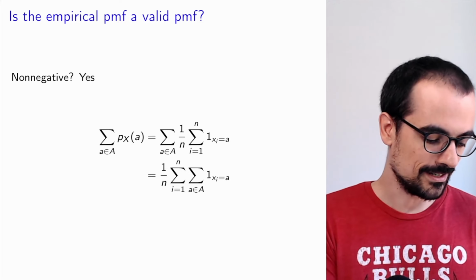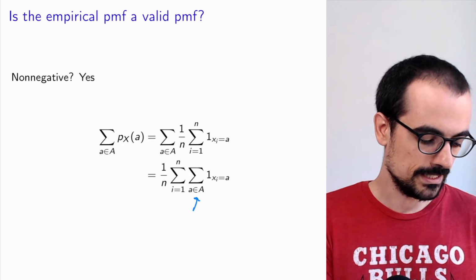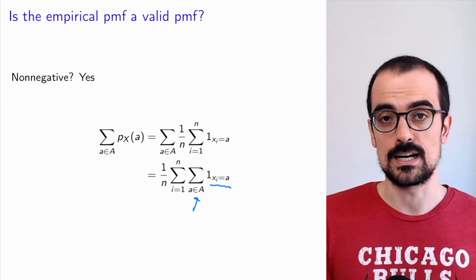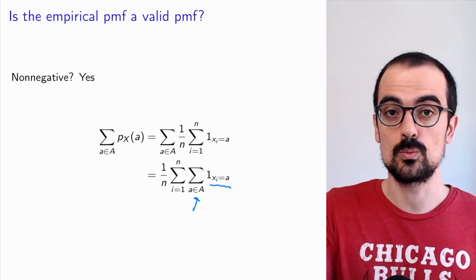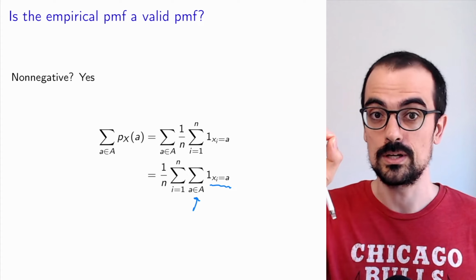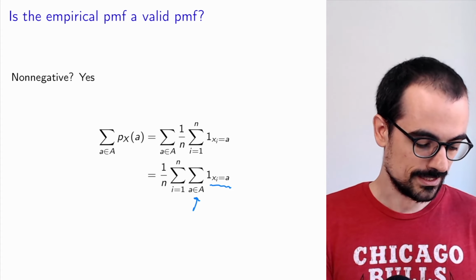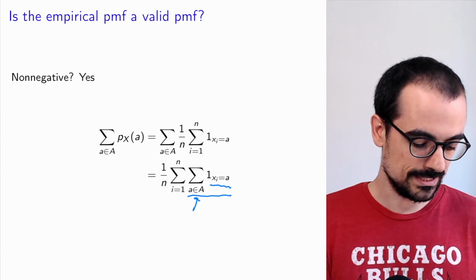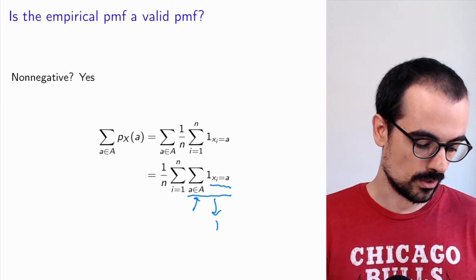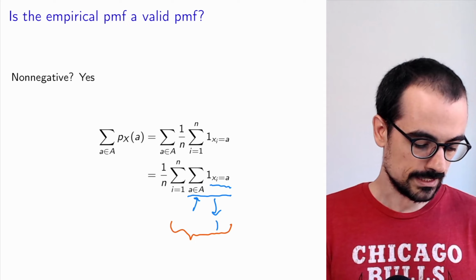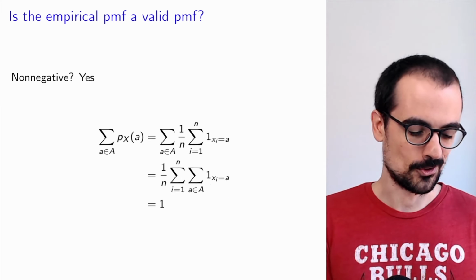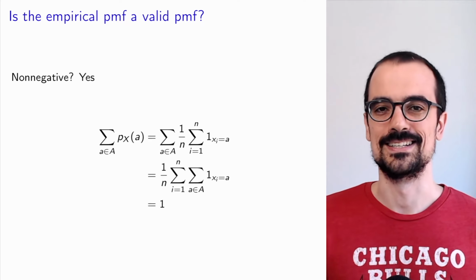So what I was saying is, if we sum this indicator function over the whole range of the random variable, or the possible values that it can take, it has to be 1 for exactly one of them, right? Because the data point can only be equal to one of those values. So the sum over all the possible values is always 1, which means that when we sum over all of the data points, that is equal to n. So divided by n, it's equal to 1. Okay, sorry about that. I got confused about the two sums.